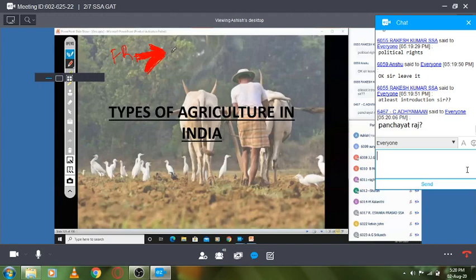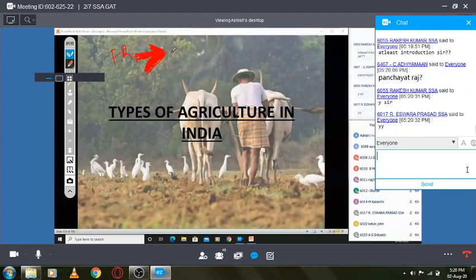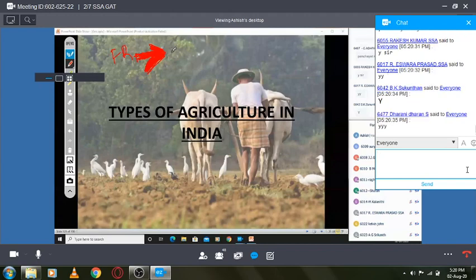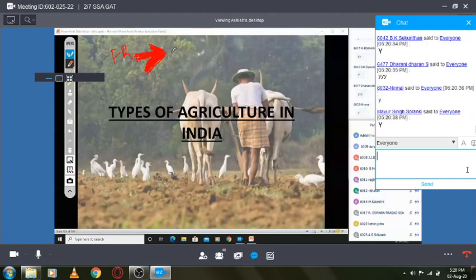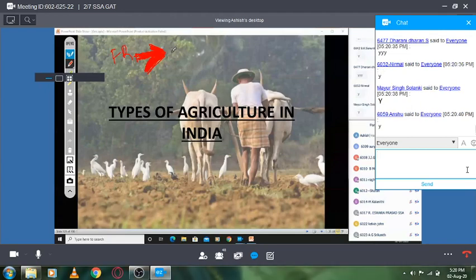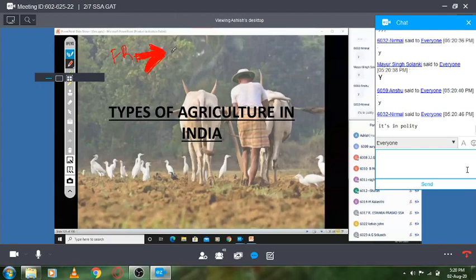Panchayati Raj. You guys want to study Panchayati Raj? Okay, so Panchayati Raj is also there. In some class we will take Panchayati Raj also.